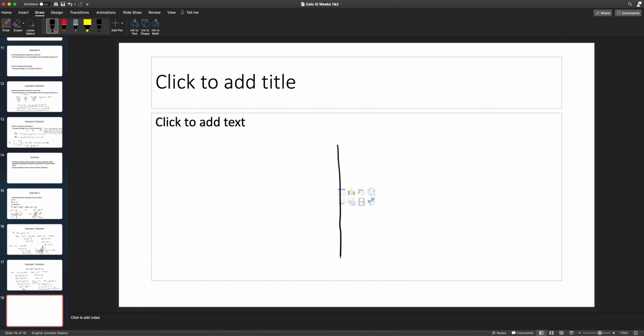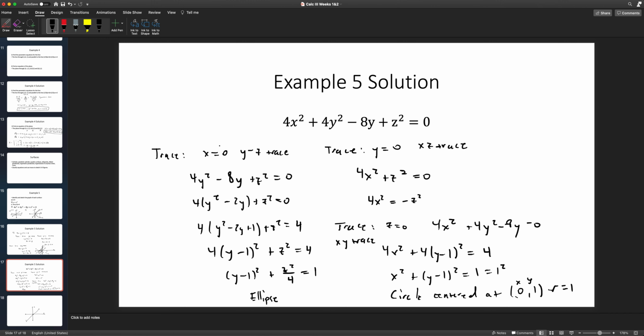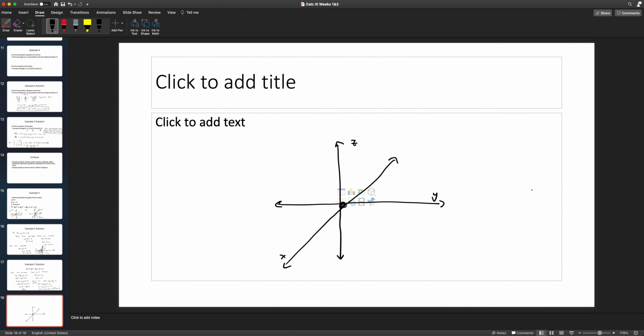So let's draw out our plane. And by the way, if we look at the original equation, we'll go back to that in just a second, we'll see that this figure is an ellipsoid centered at 0, 1, 0. So the center of our ellipsoid is 0, 1, 0.